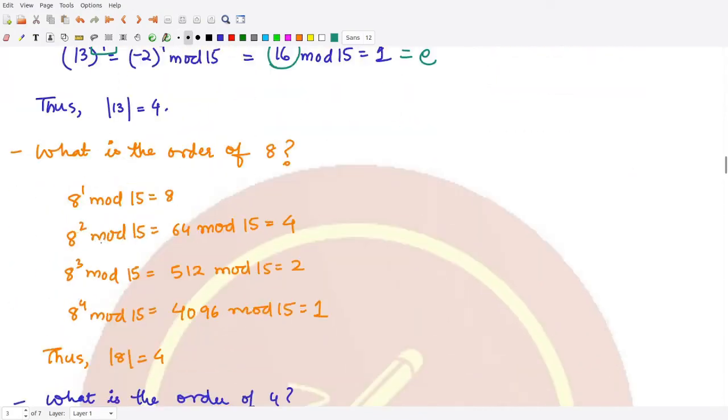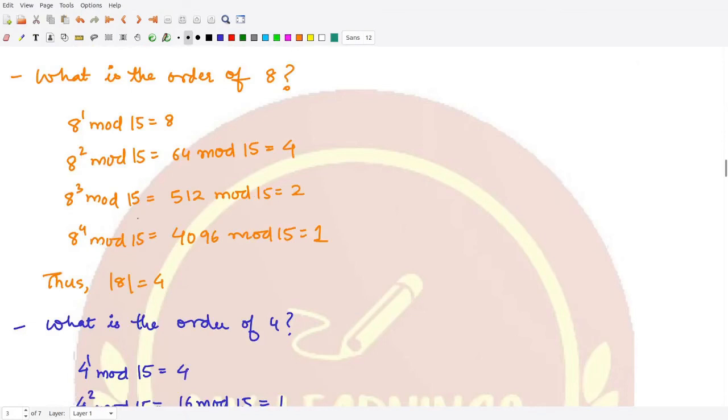In a similar way we can calculate it for each of the elements here. So what is the order of the element 8 here? Now the trick won't work here for 8. Why? Because for 8 you have to write it as minus 7 mod 15, and calculation of minus 7 or 8 is just similar. So we can leave this trick here, and we can proceed in a simple manner.